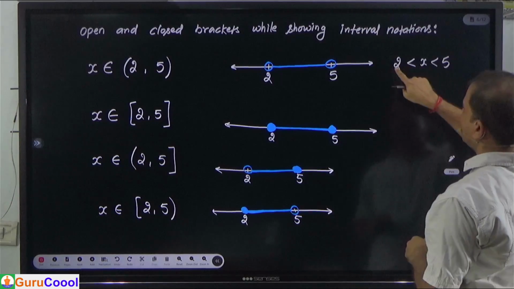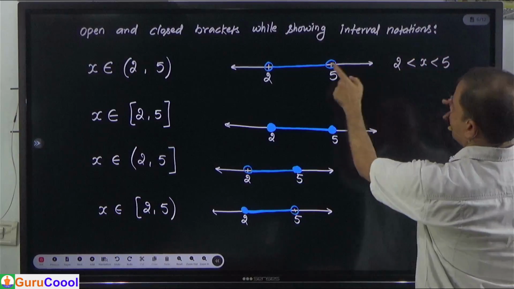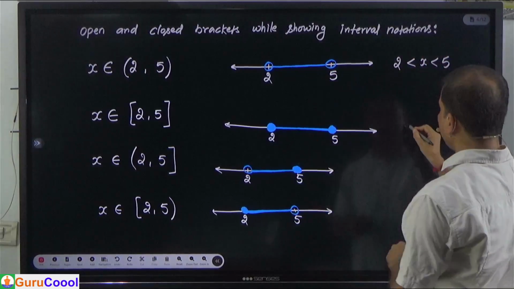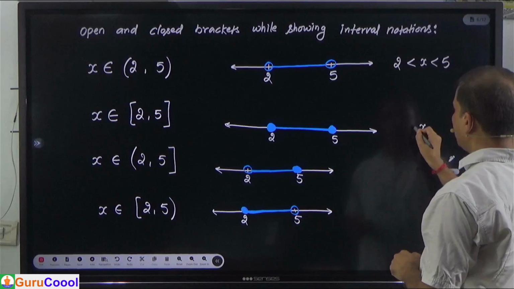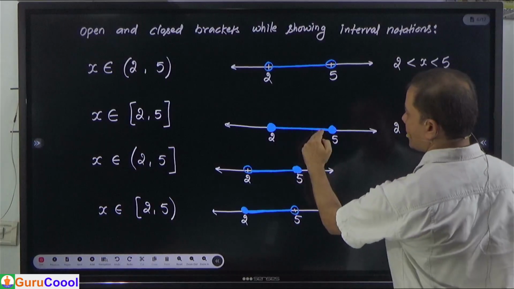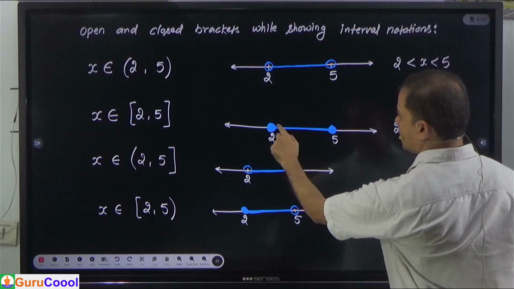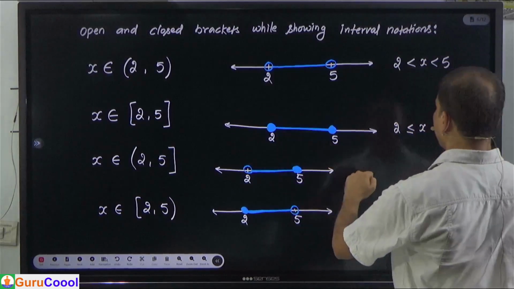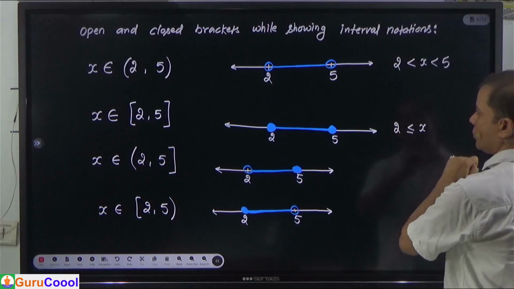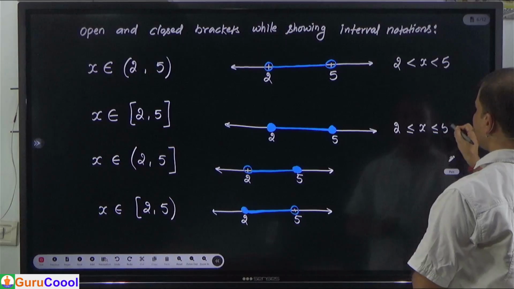So x is greater than 2, lesser than 5, means between 2 and 5. In this case, we can say x is greater than or equal to 2. These numbers are greater than 2. Greater means right side, lesser means left side. So x is greater than or equal to 2 but lesser than or equal to 5.